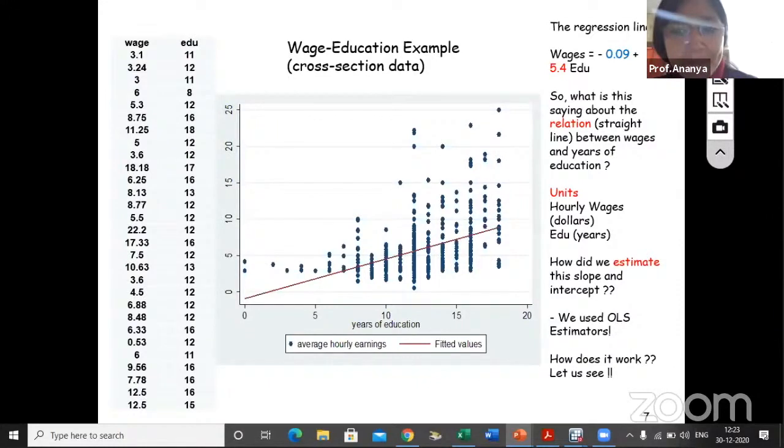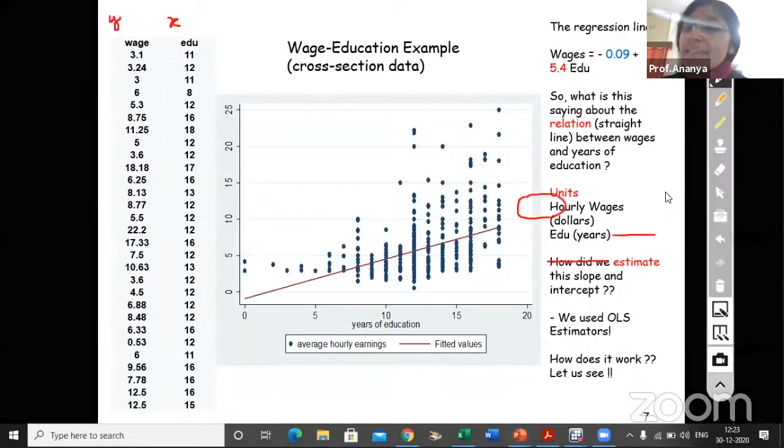Now here, do look at the scatter. The scatter here looks a bit different from the scatter that you saw a little while earlier. Why is that? It's because of the kind of variable that I have as my dependent variable, which takes values such as 5, 10, 12, and so on. Suppose I look at somebody with 10 years of education.